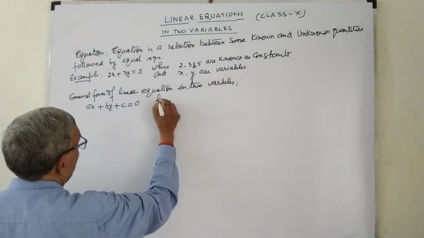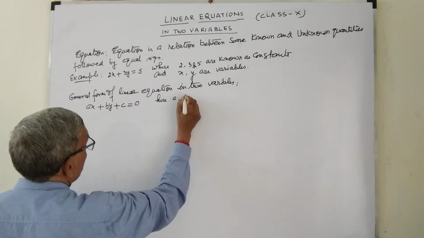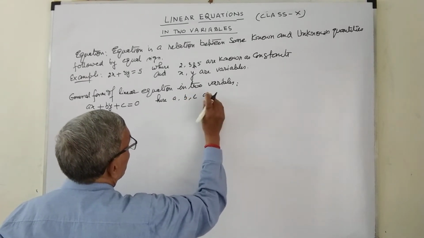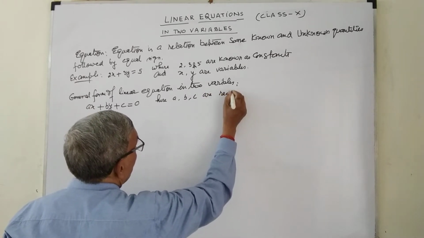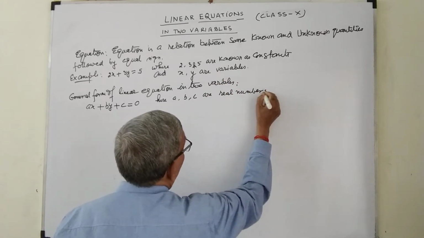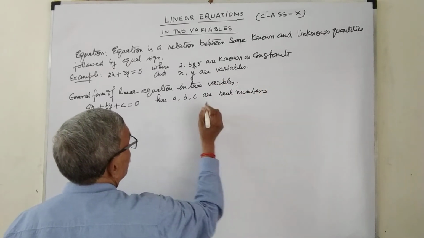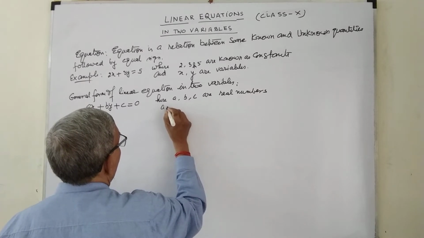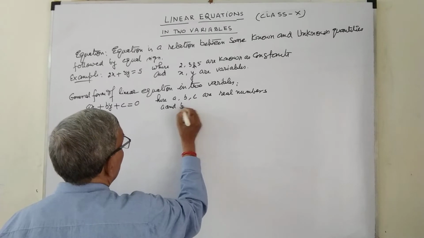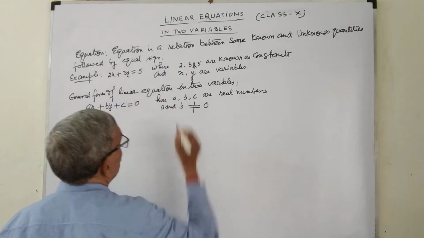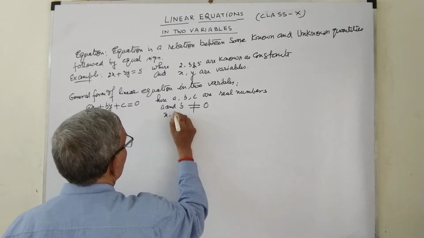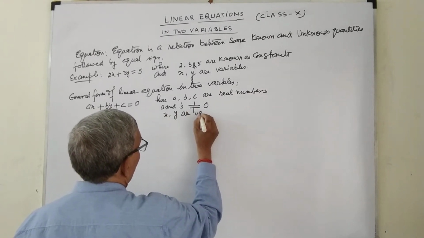So here a, b, c are real numbers and a and b should not be equal to 0, and x, y are variables.